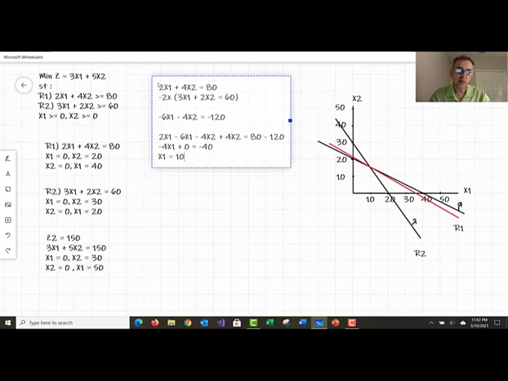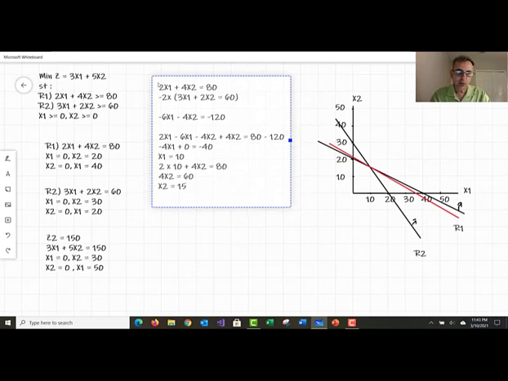I can then substitute this into any one of the two equations in order to find the value of x2. So I'll put it in the first one, which says 2 times 10 plus 4x2 equal to 80, and that gives me 4x2 equal to 80 minus 20, which is 60, or x2 equal to 15.